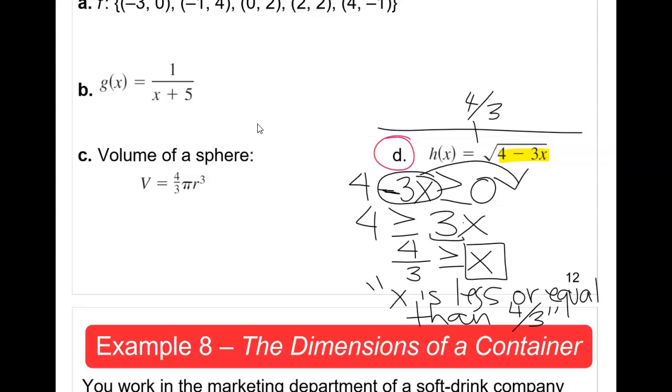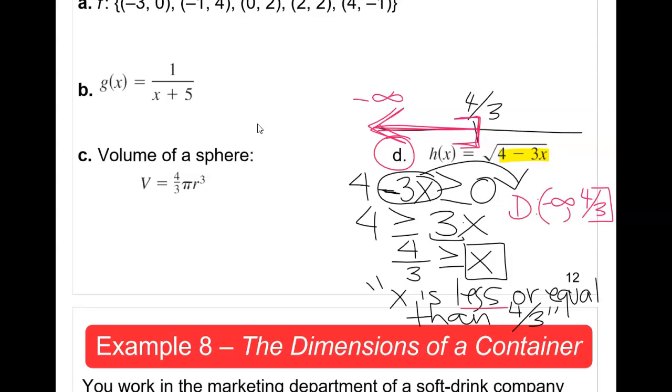But we're saying less than or equal. So because it is equal, we include 4/3. But it's saying less than, so we go in this direction. So as an interval, the answer for the domain is going to be, the biggest number is 4/3, so that goes on the right side. And the smallest number is going to be negative infinity, which is here.